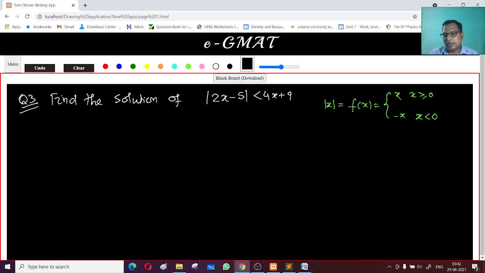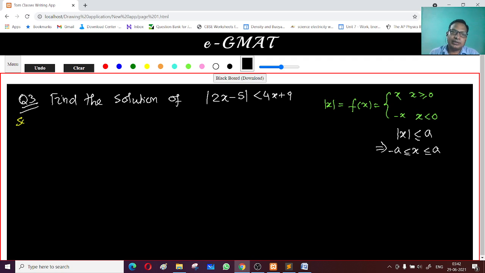Now if some condition is given, for example, mod of x is less than a, the solution for such a problem is that x is going to lie between minus a and a, right? If it is equal to, or else it is strictly less than. So here we have got a strictly less than condition. So let's evaluate the solution for this kind of problem.